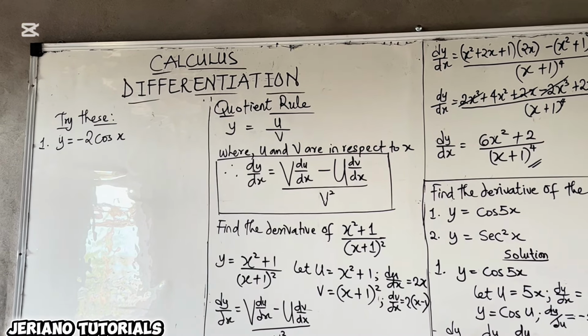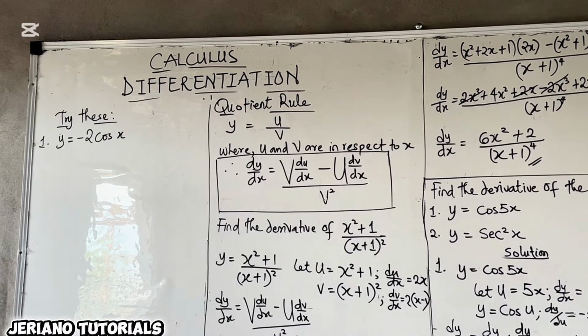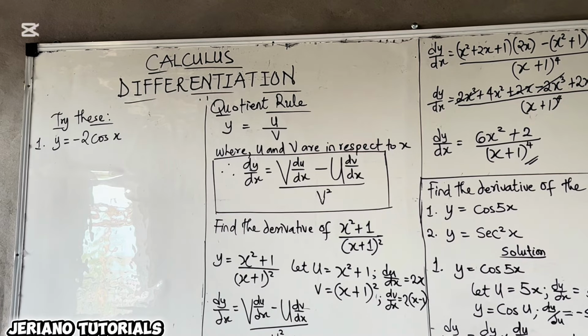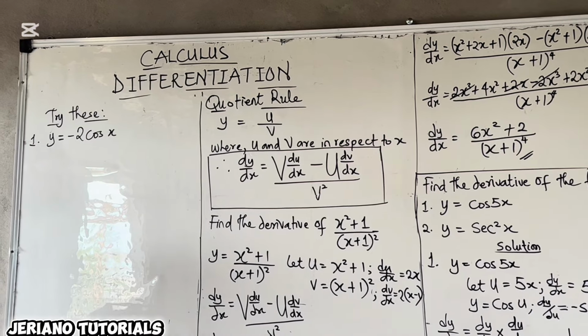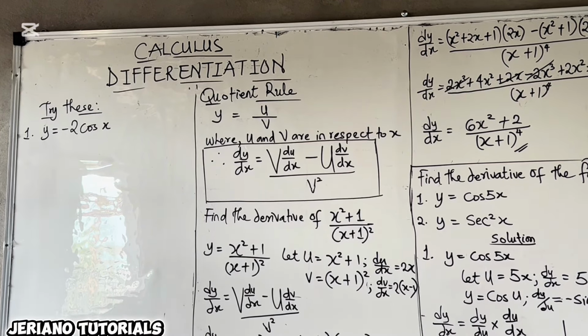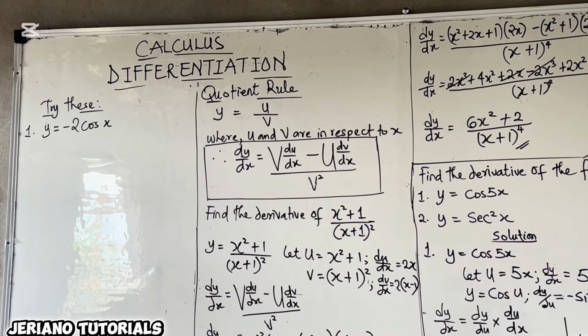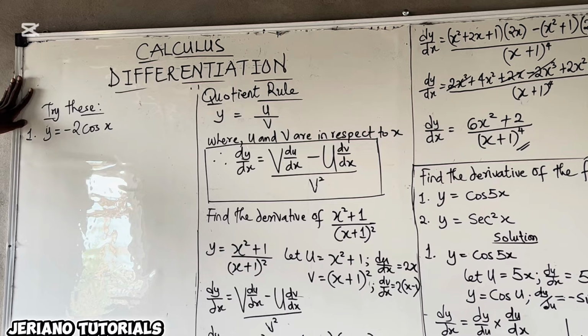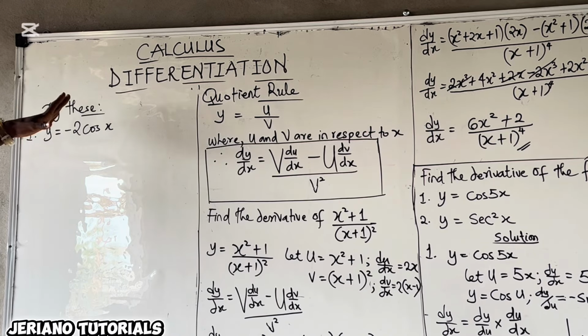Okay, now we've learned a lot on differentiation, and I've been able to cover the chain rule, the quotient rule, the product rule, and the trigonometric functions. So you try this on the trigonometric function. Try this and then drop your answer in the comment section.